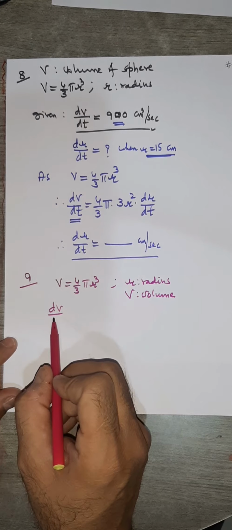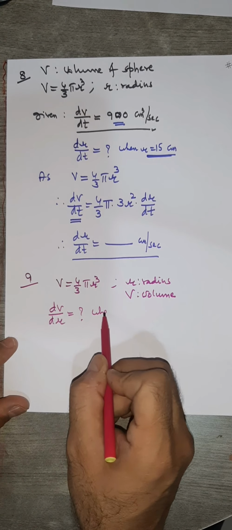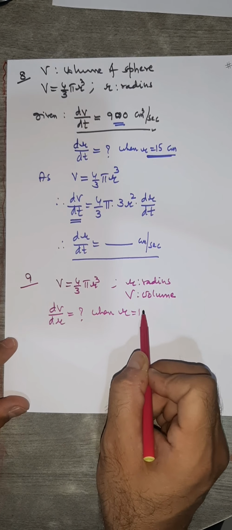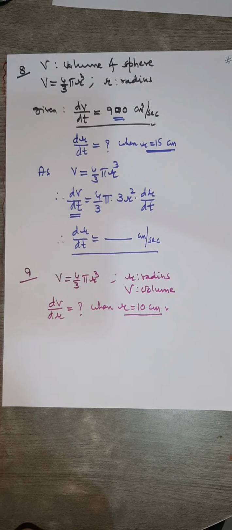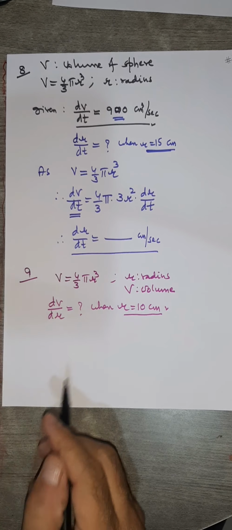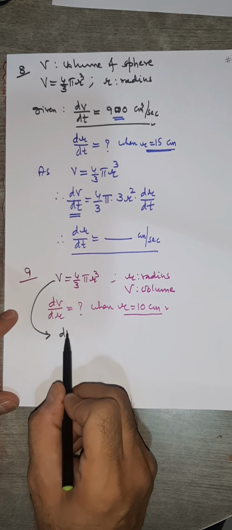So we want the change in the volume with respect to radius when r is 10 centimeter. In the previous question it was with respect to time. Here it is with respect to radius. So we just differentiate this with respect to radius.